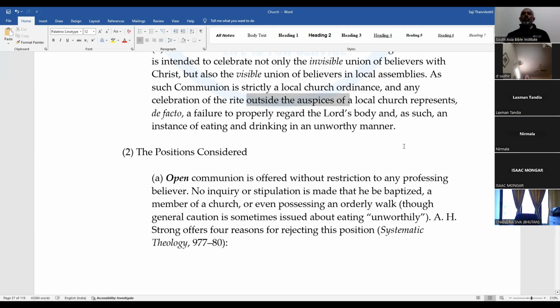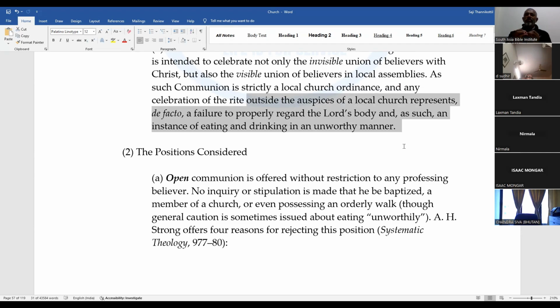If you do not consider that it is the union of the local body of believers, then this is eating and drinking in an unworthy manner.